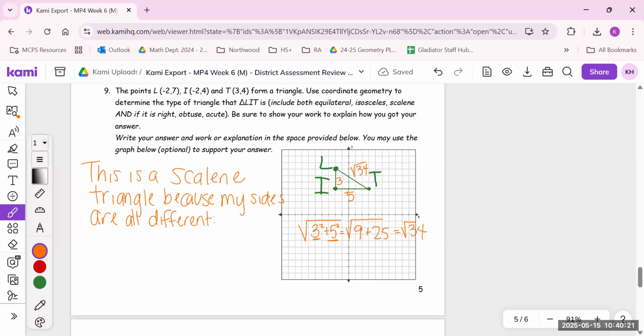And maybe list them. The measure of LI is 3. We've got IT is 5 and LT is root 34. All 3 of those are different numbers. So it's a scalene triangle.